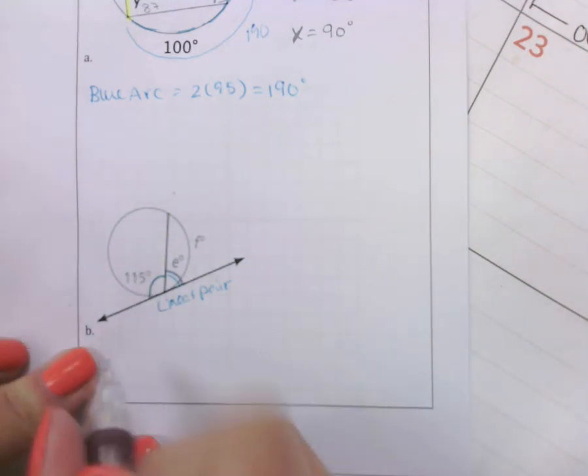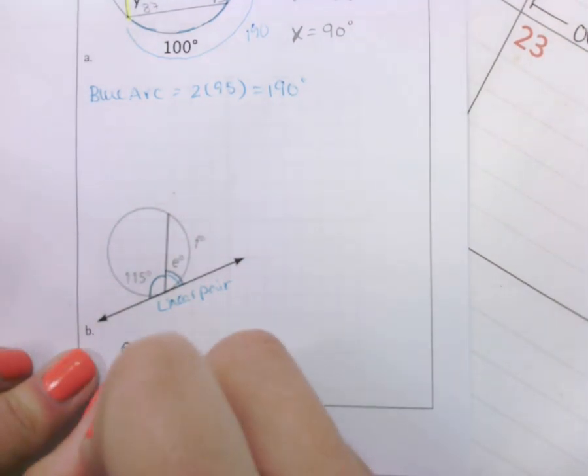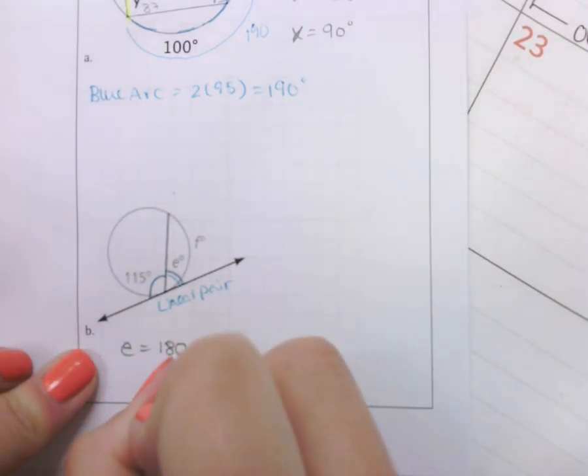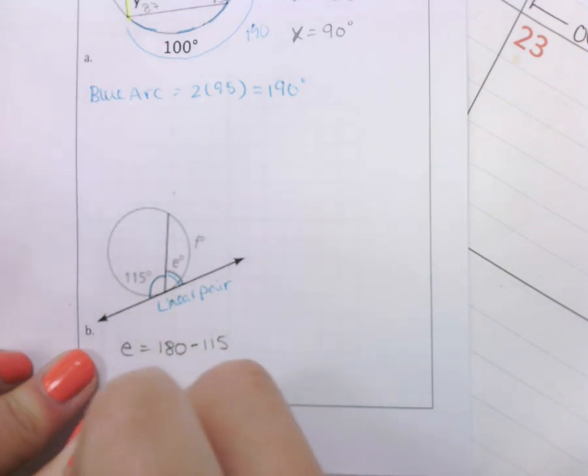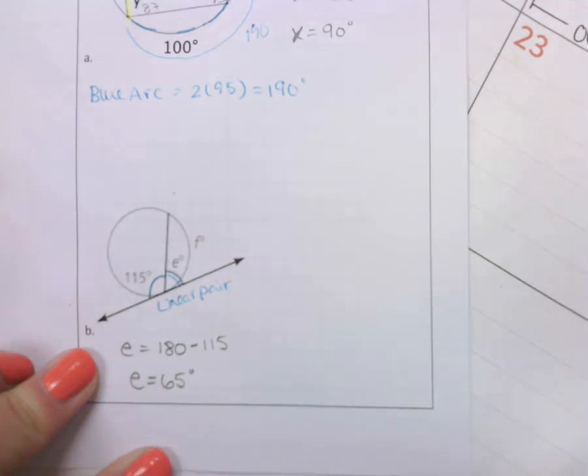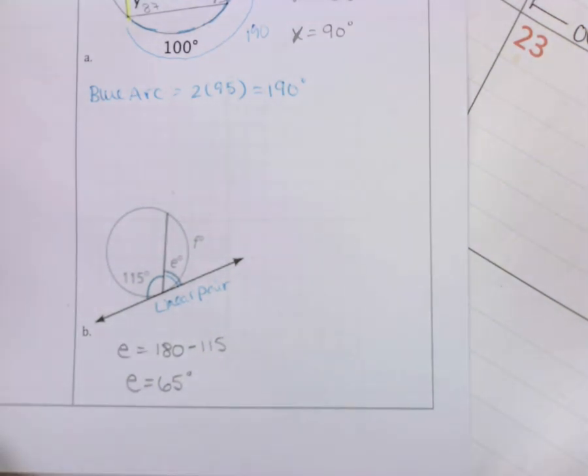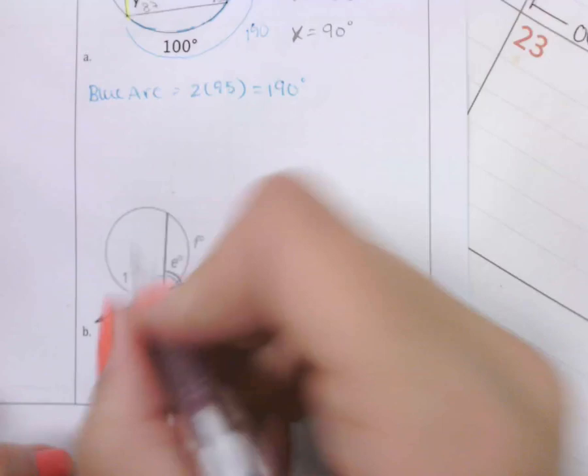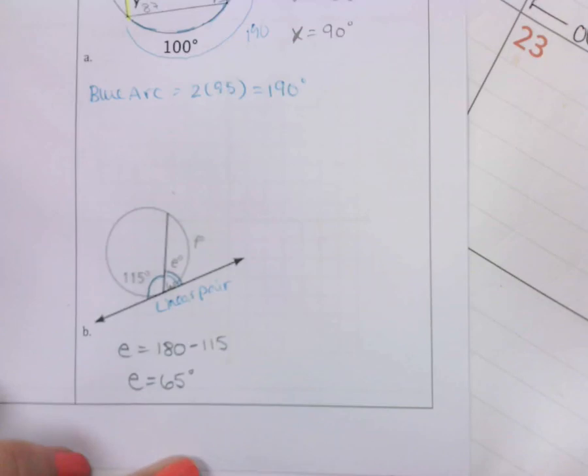So we'll do E is equal to 180 minus 115. So that's going to be 65. So this angle in here is 65.